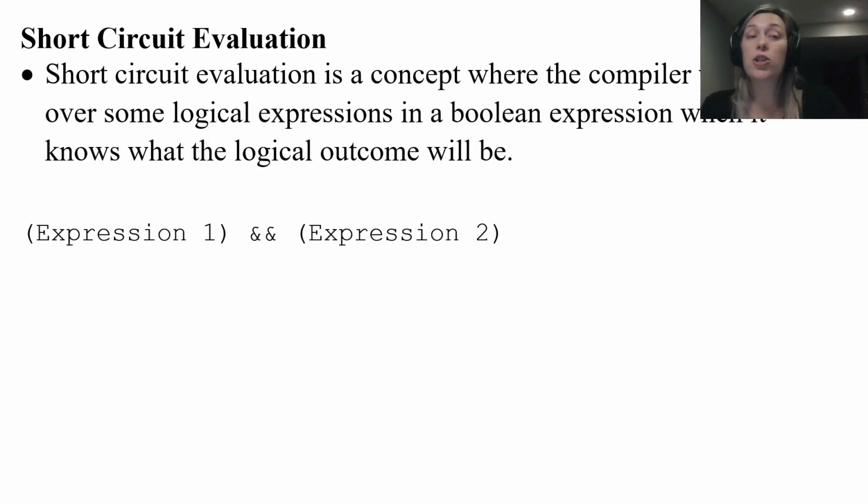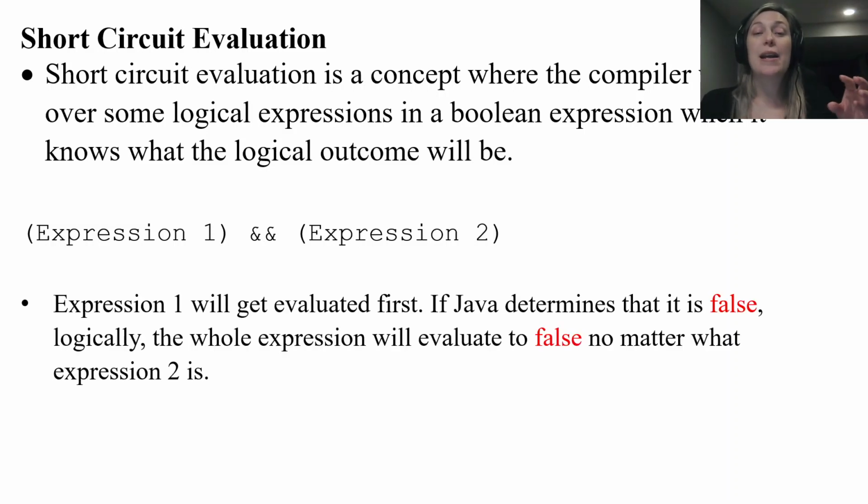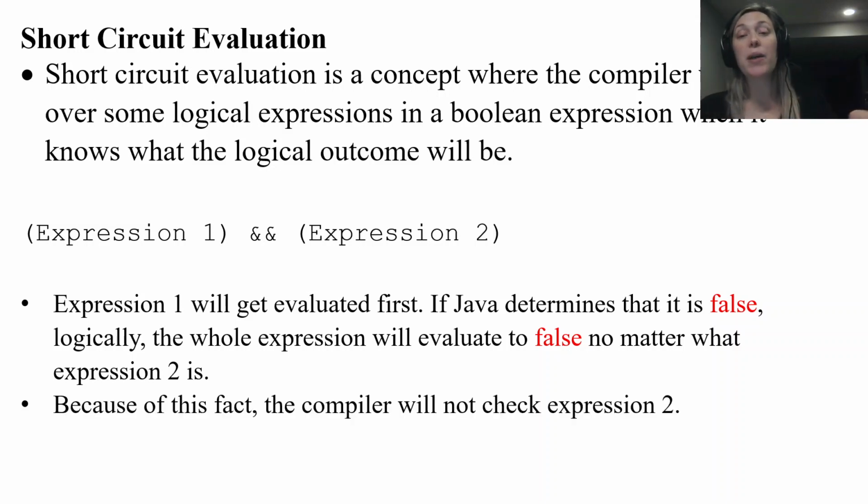If it's determined that it's false, it doesn't matter what expression 2 is, because with the logical operator AND, as soon as one statement is false, the entire thing is false. So because it doesn't matter what expression 2 is, the compiler will actually not check expression 2. Okay? Once expression 1 is false, it won't even bother with the second expression on the other side of the AND. It'll just evaluate the whole thing as false. Okay?